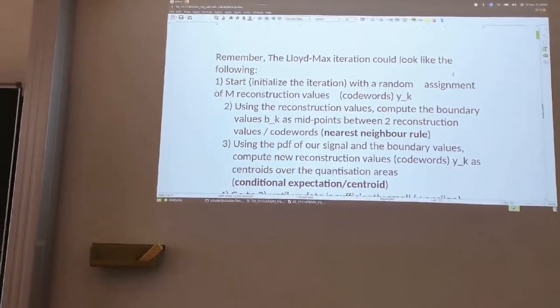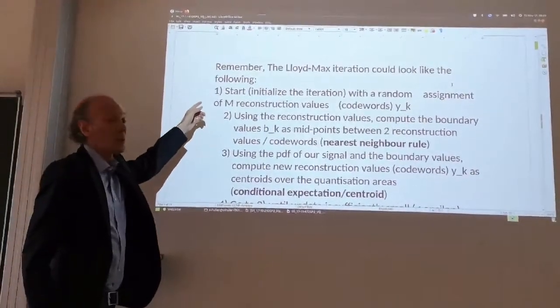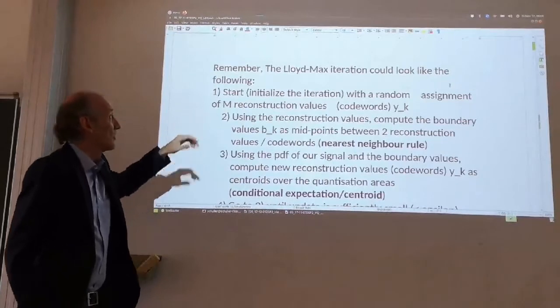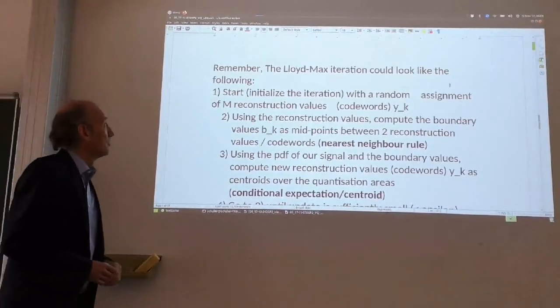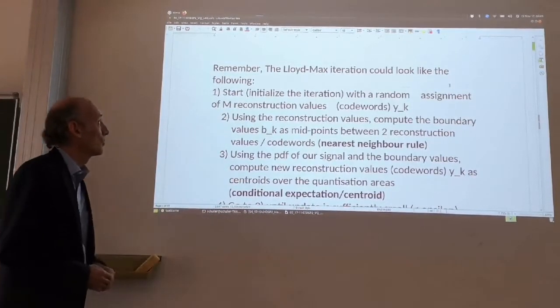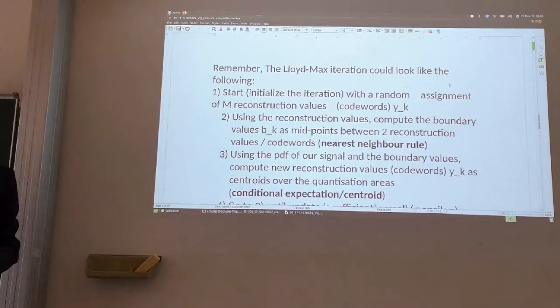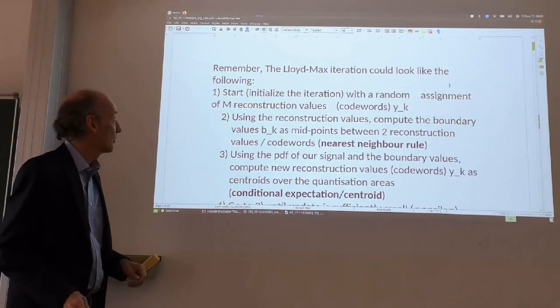So remember with Max quantization, we have the following iteration. We start with some random initialization. First, we assign the reconstruction values randomly, the code words. So now it's many code words because we have vectors, more like a word, not just a sample.